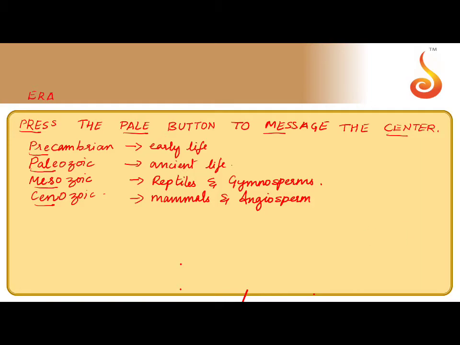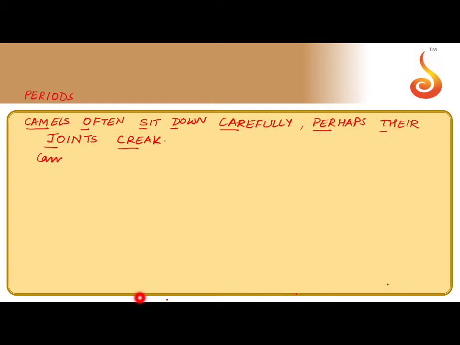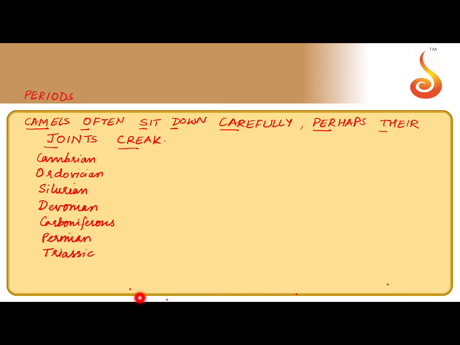So, we are seeing here Cambrian, then comes Ordovician, Silurian, Devonian, Carboniferous, Permian, Triassic, Jurassic and finally Cretaceous.